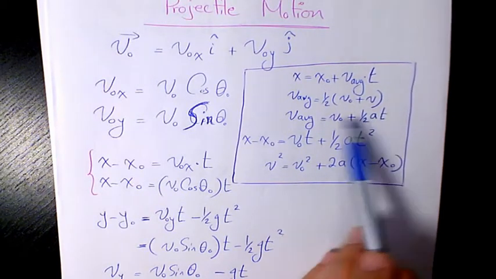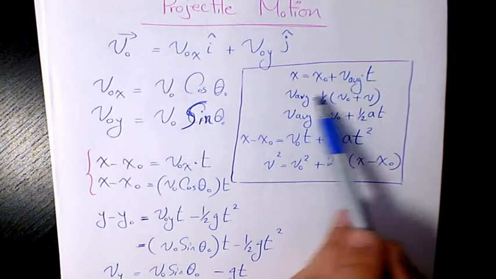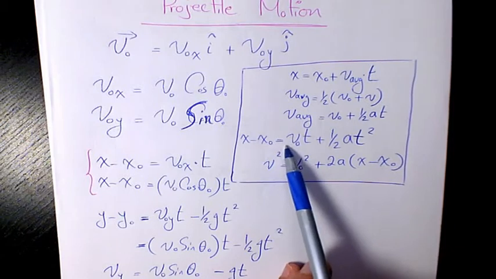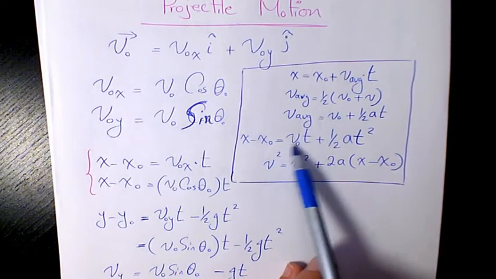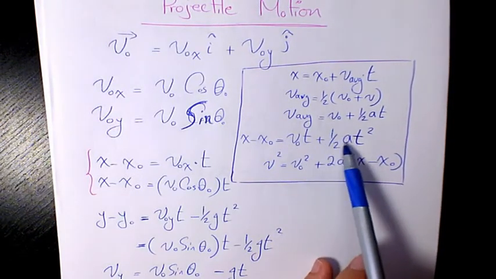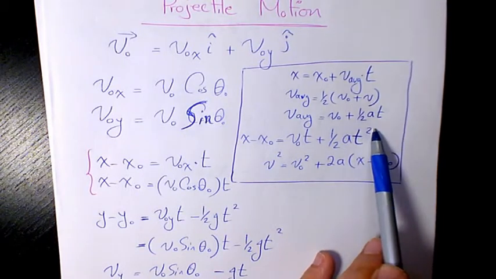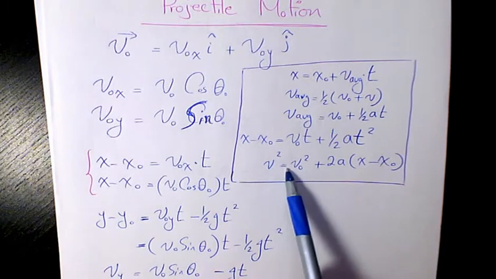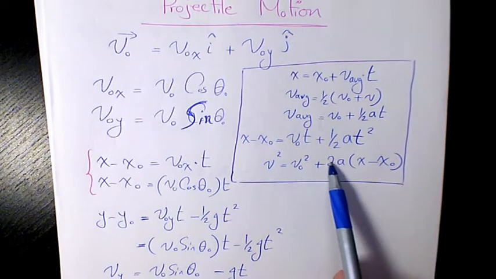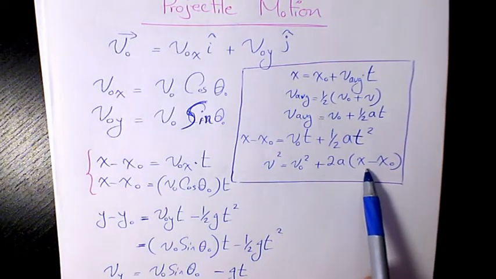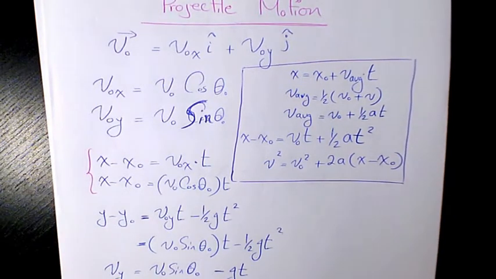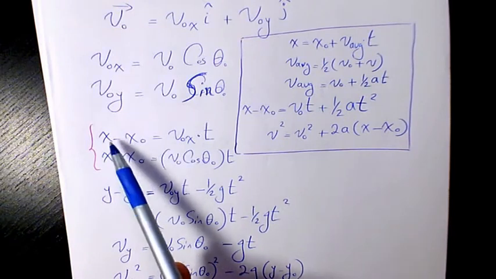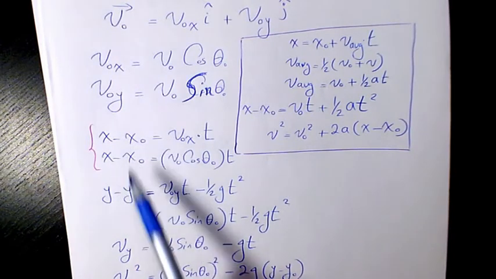Substituting this into the equation, x minus x naught equals v0 t plus 1/2 a t squared. Another formula we can get is v squared equals v0 squared plus 2 times a times x minus x naught.